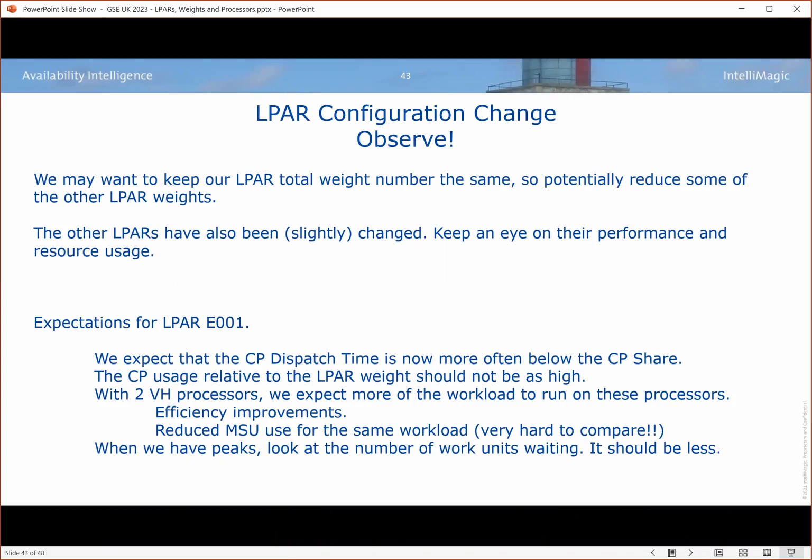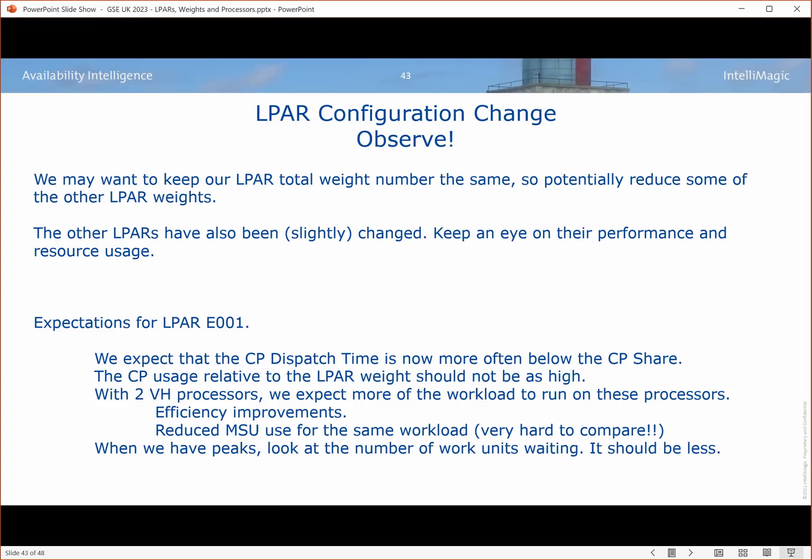We've gone from one vertical high to two vertical high processors. So when we look at that distribution of workload on the polarity of the processors, we expect more to be running on the vertical highs, i.e., an improved efficiency.